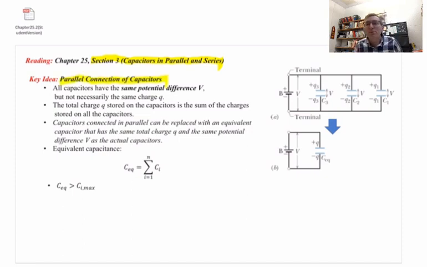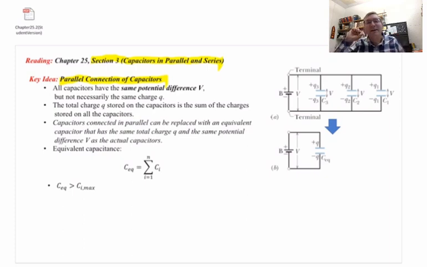And we're going to talk about what kind of connection that is in terms of a circuit by using a circuit diagram, a diagram that represents capacitors and a battery that we will use to charge the capacitors. The first image on the right is a circuit that shows three capacitors connected in parallel to a single battery.